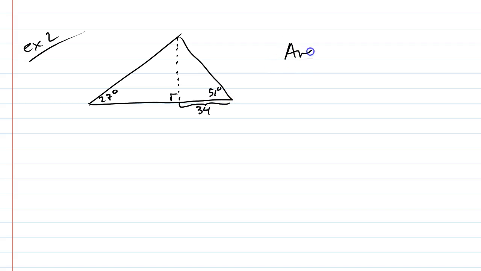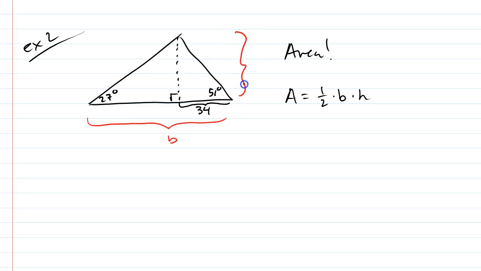And they ask for the area. Alright, this is going to take some work. The area formula for triangles is 1/2 times the base times the height. The problem here is that the base is the entire length here, and the height is that dotted line right there. So this is going to take us a couple steps.